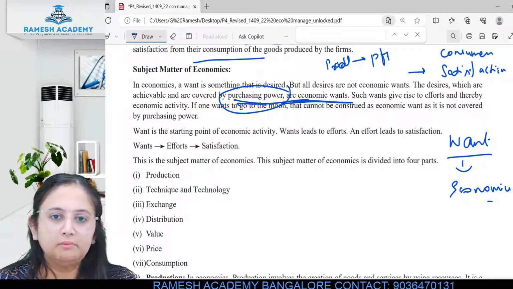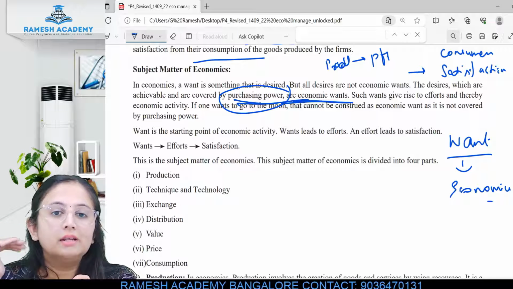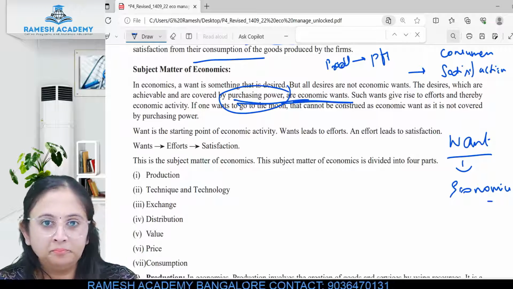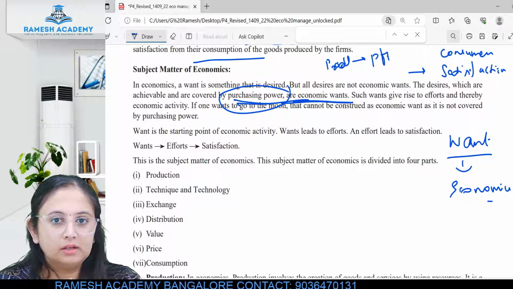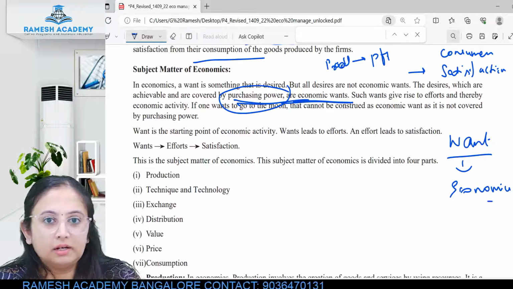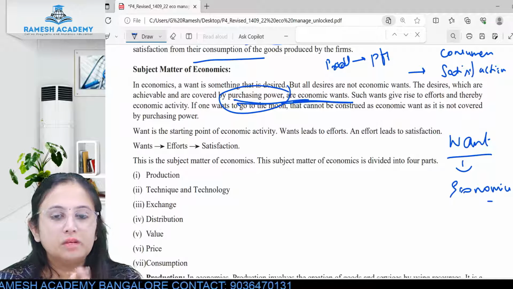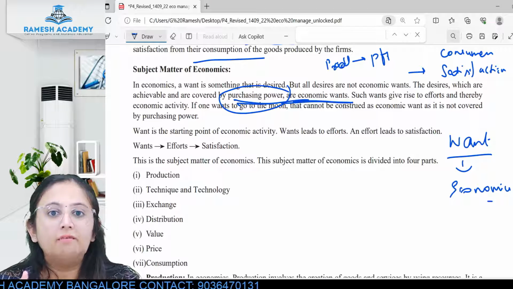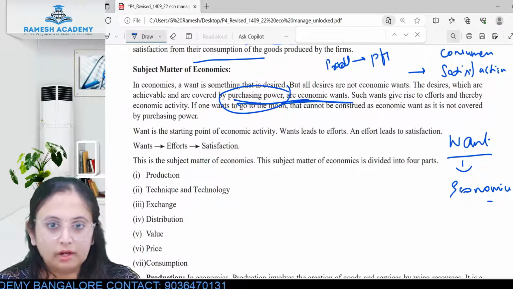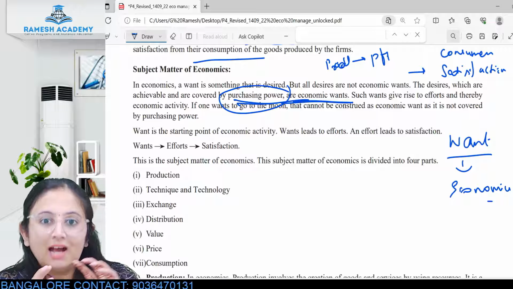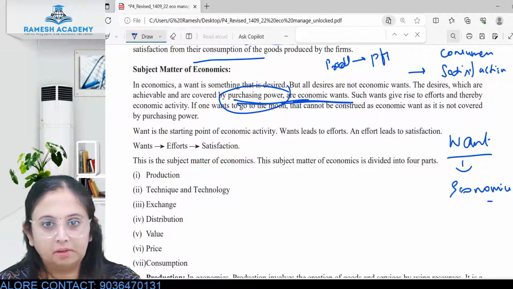See, you want to become rich, fine, but you set the standard which is achievable. I'm not saying nobody can achieve that standard, I'm just giving you an example. If you have a want, it should be somewhat achievable. You should have the purchasing power.